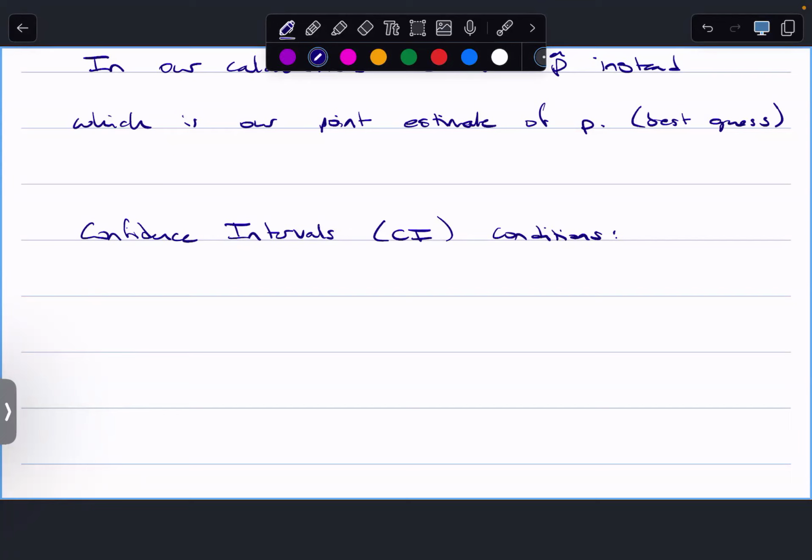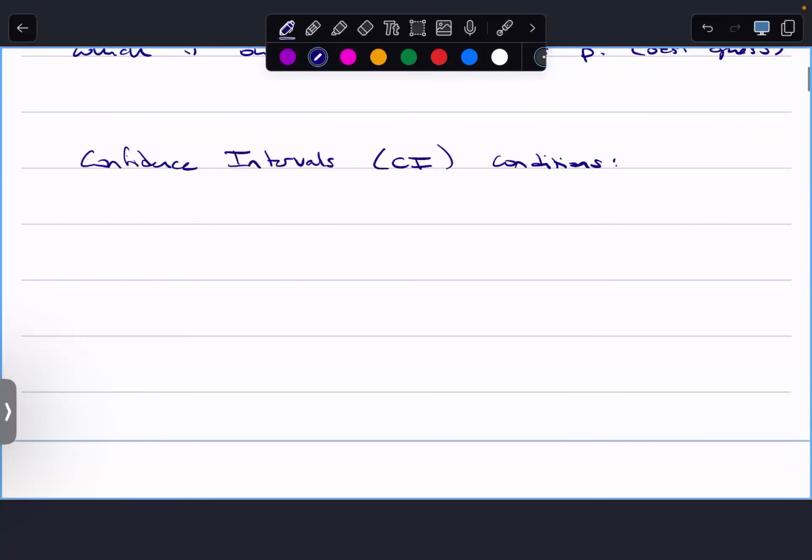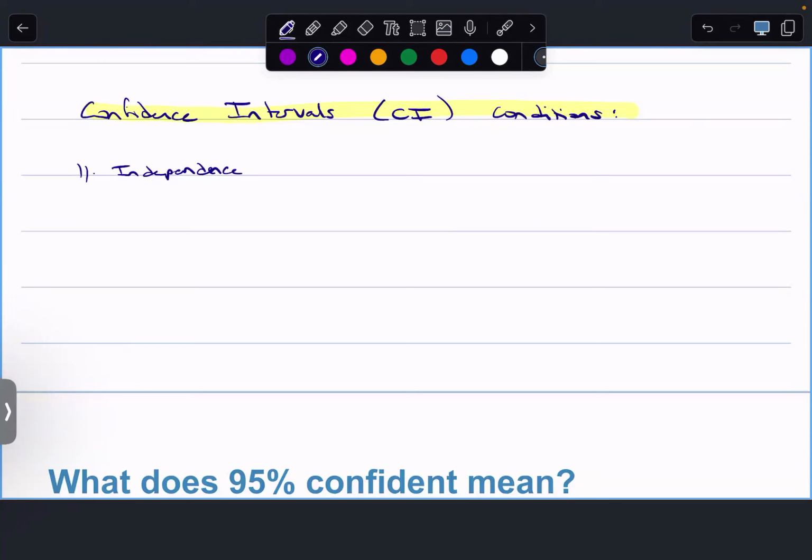And so that's why I like to give you something to go off of. But the conditions for confidence intervals, I'll highlight this because it's going to be important. The first one is the independence condition. Independence is if we have a random sample, we can assume that we have independence within our sample, right?